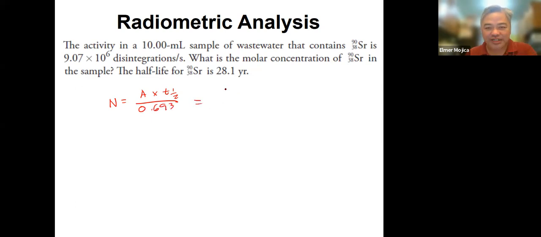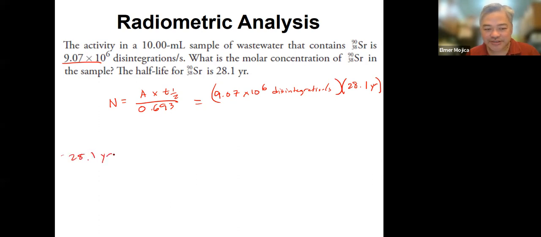So ano yung mga ito? Disintegration per second. And then you have 28.1 years, which you're going to convert to what? So you need to convert 28.1 years to seconds.